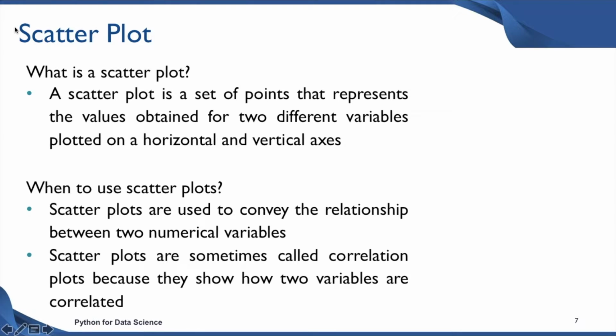These are the kinds of relationships we want to find between two different variables, and by plotting on the horizontal and vertical axis we can convey that relationship. Scatter plots are sometimes also called correlation plots, because they give us an interpretation of the relationship between two variables, and how closely they are correlated with each other.